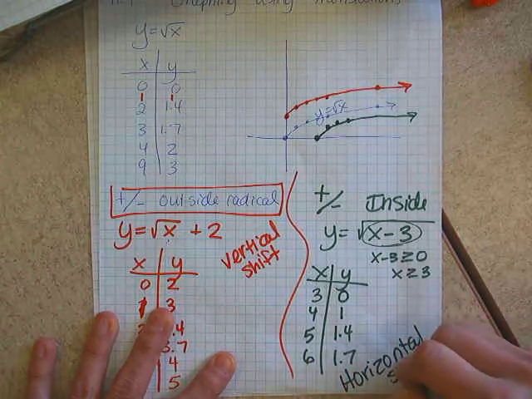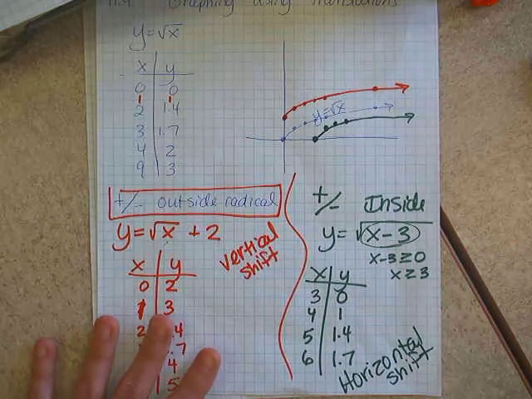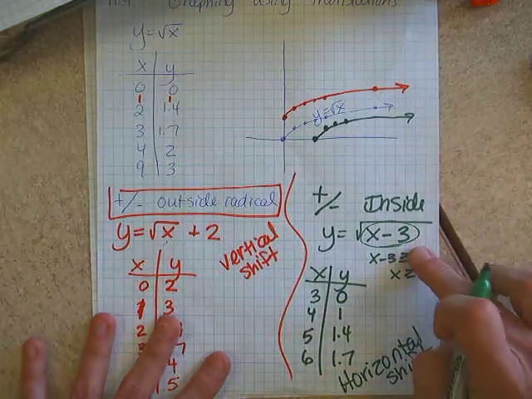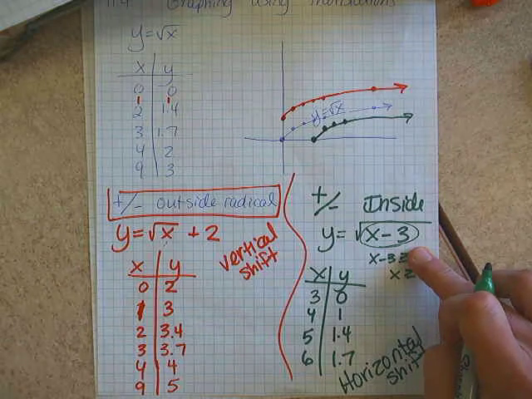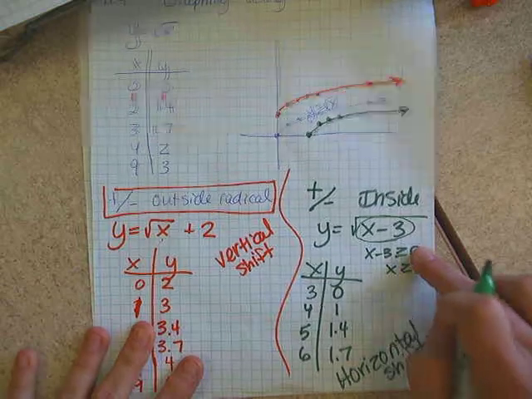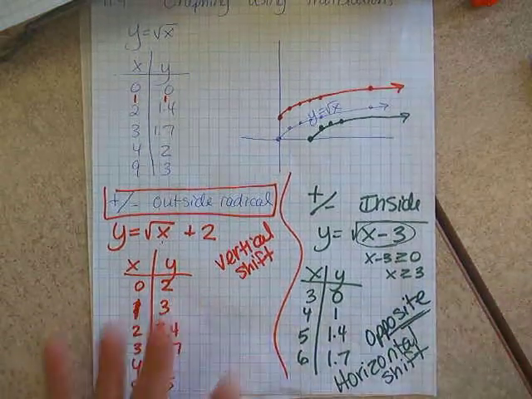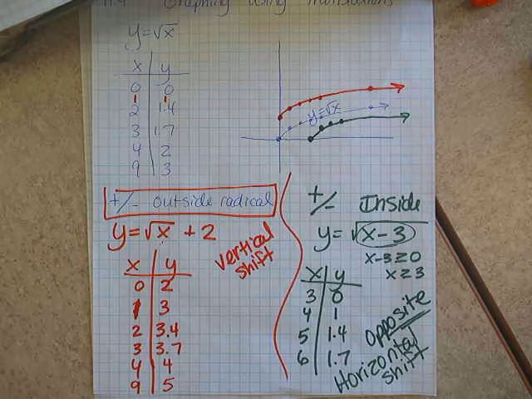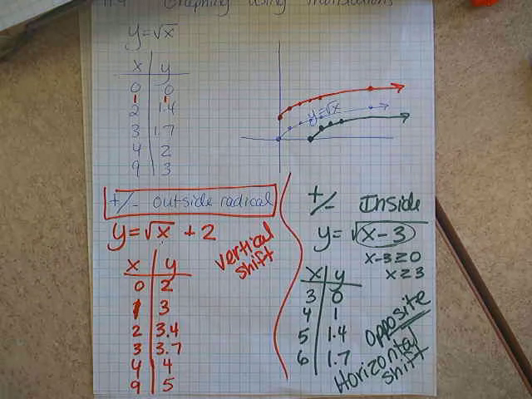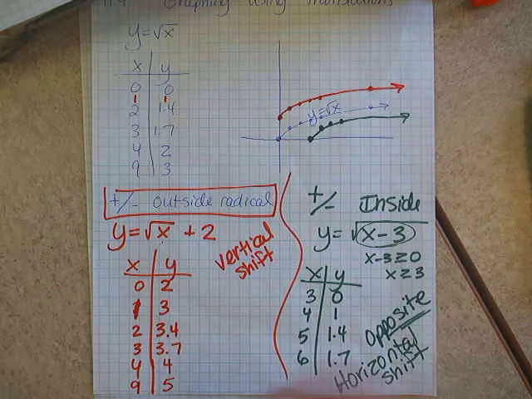I went over 3. So anything inside is a horizontal shift, okay? But notice this was minus 3, and I went to the right. It has to do with my domain. So it is an opposite horizontal shift. If it's negative 3 inside, it's going to go to the right. If it's positive 3 inside, it's going to go to the left, okay?